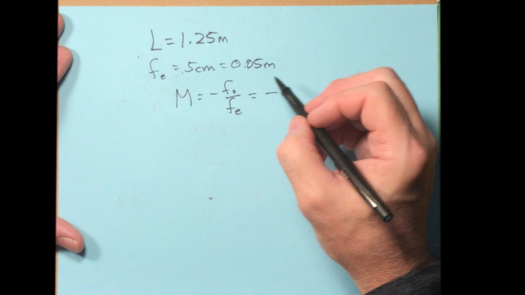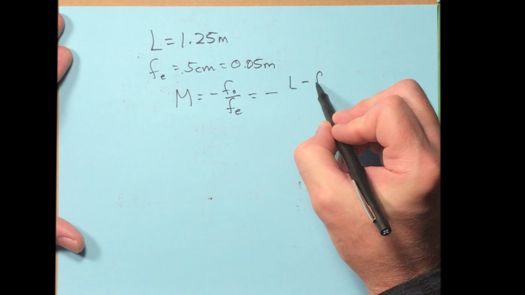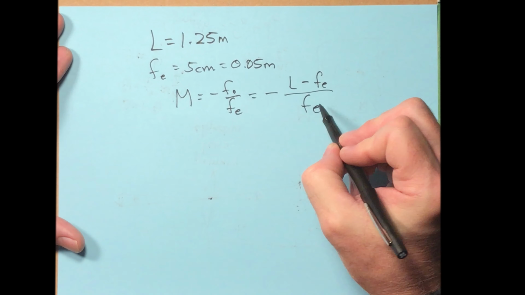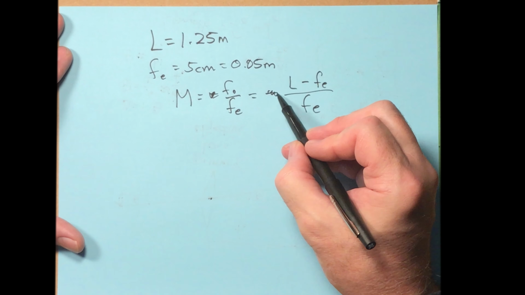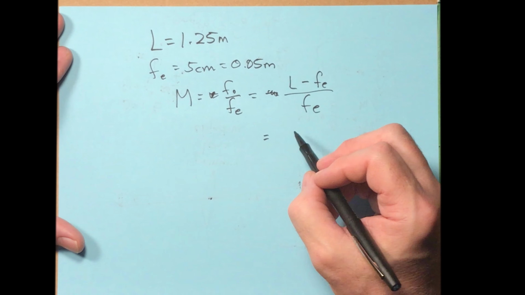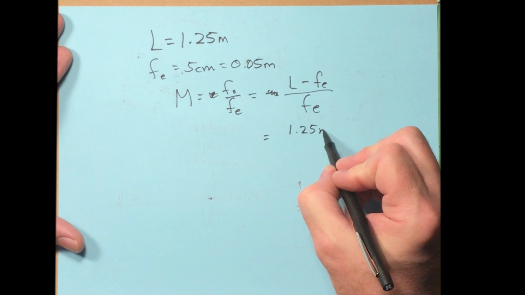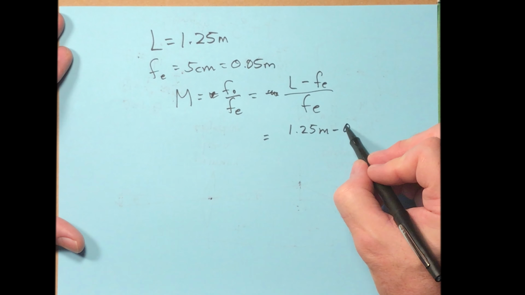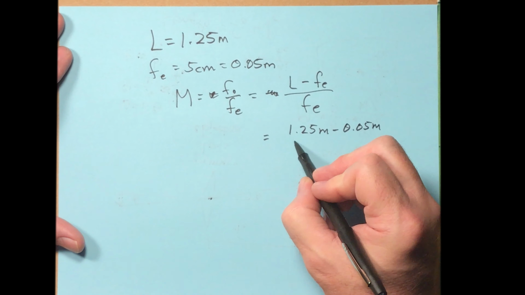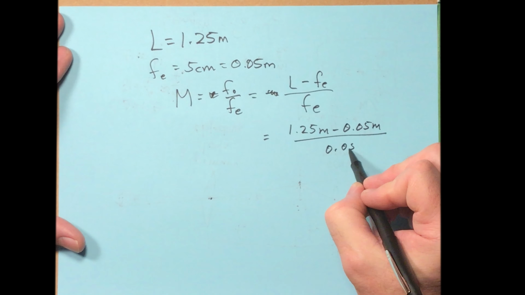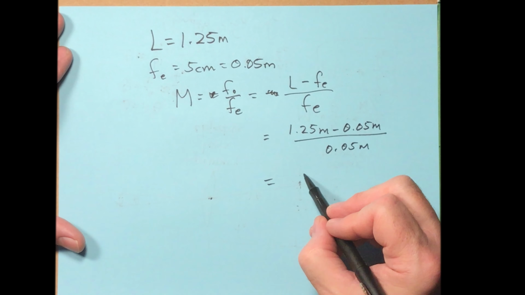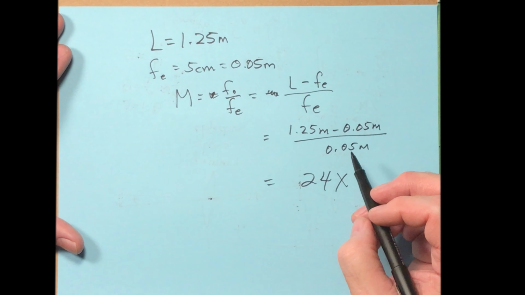That's going to be minus L minus F_E over F_E. I know that negative sign made it back in there. So that's going to be 1.25 meters minus 0.05 meters divided by 0.05 meters. It's effectively 24 times.